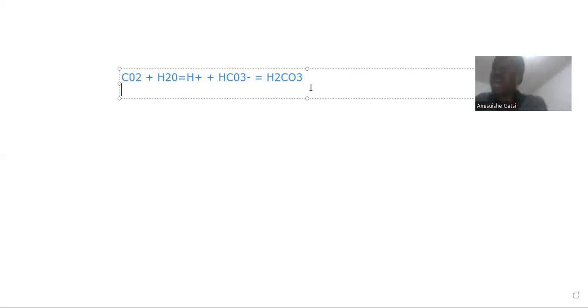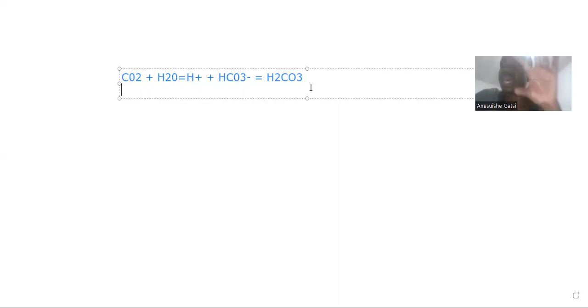And then we also have the issue of buffers. Remember, some of the acids will actually act as buffers. So just remember that we have the buffer system, which you can revise in physiology. A buffer is simply a weak acid that is going to form a conjugate with a base, right? And these guard against changes in pH as well.